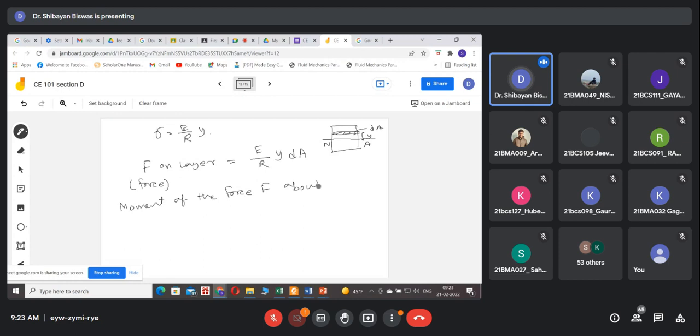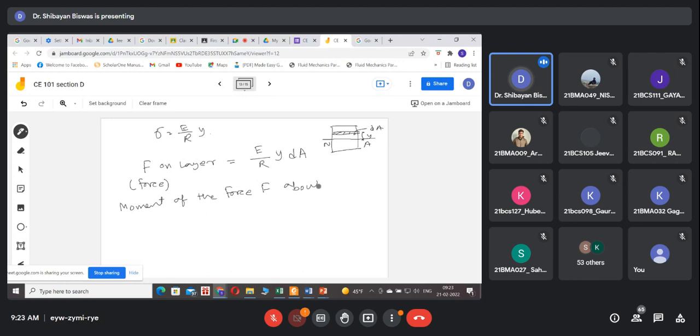Okay. One more terminology we want to learn, that is section modulus. So first let me write down the expressions.